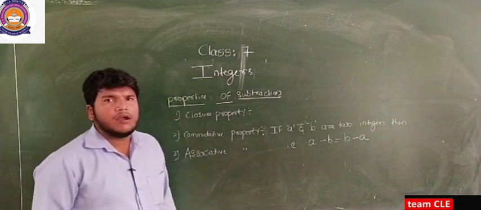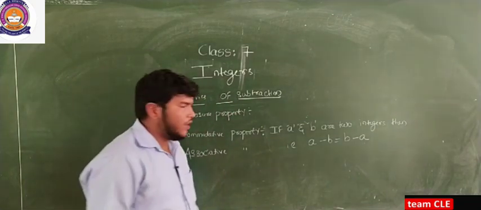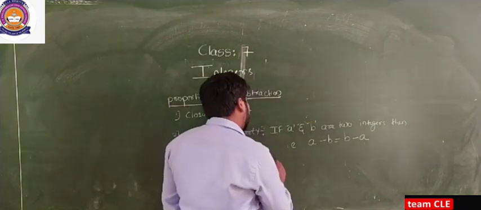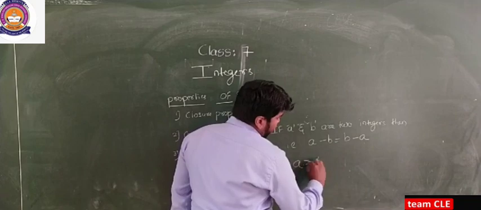If a and b are two integers, then a minus b is equal to b minus a. I choose an example, that is a is equal to 3 and b is equal to 2.